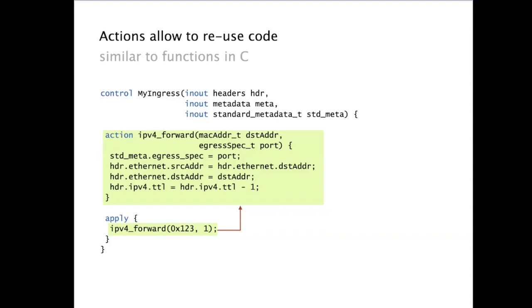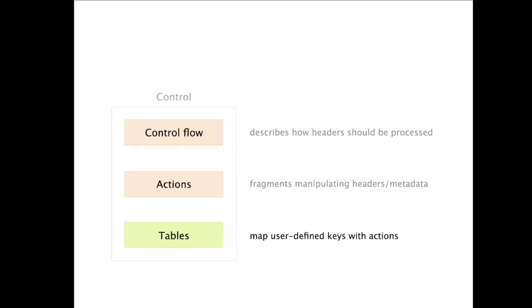Then you can just apply this action in the apply statement. That's a little bit easier to write and also for you to reason about. So it's good practice, but the code on the original slide would have worked as well. So these are for actions, and now tables.